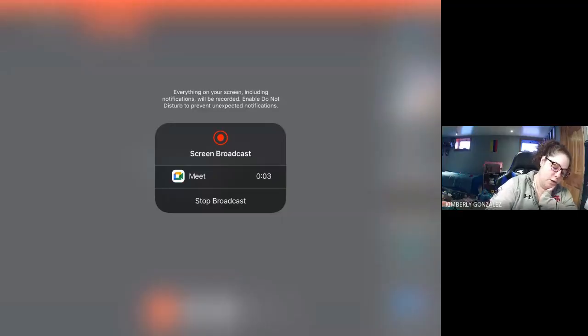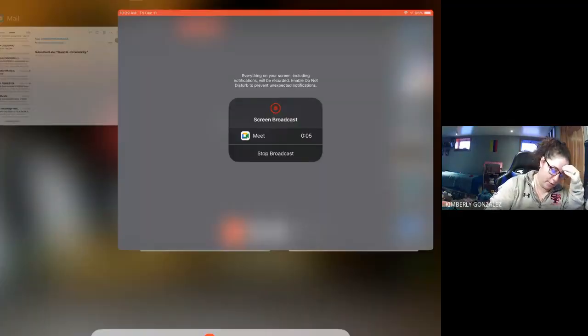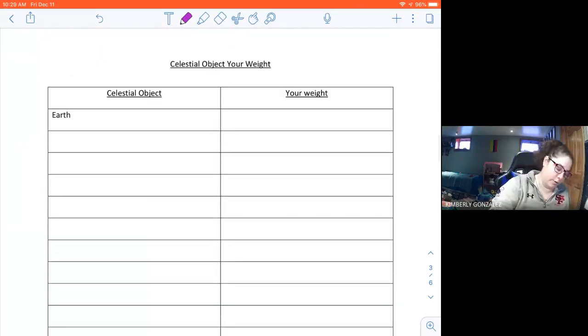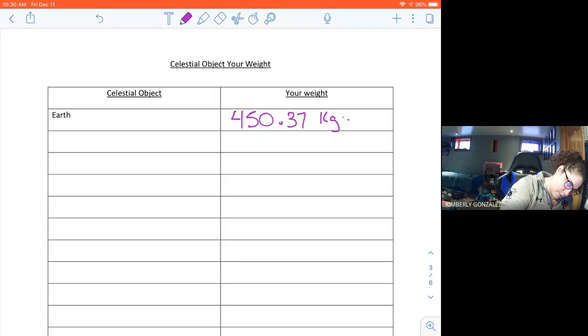Okay, and you are going to record the values down here, right? So it starts with Earth, and my weight on Earth is 450.37 kilograms times meters per second squared. Okay, you are going to copy this down for each individual one.